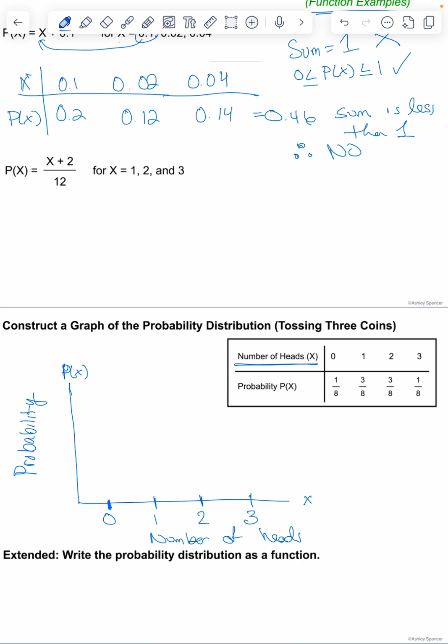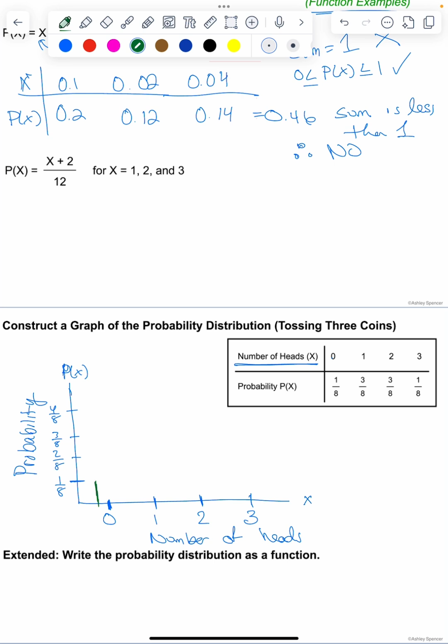So question is, what is the probability of getting 0 heads? Let's write down our 1/8, 2/8, 3/8, right? 4/8, which we are not going to need, but let's draw our graph. So 0 is 1/8. 1, and you can fill that in if you want, 1 is 3/8.